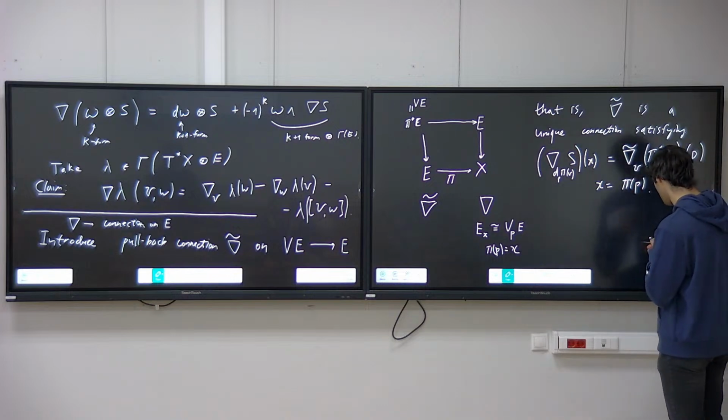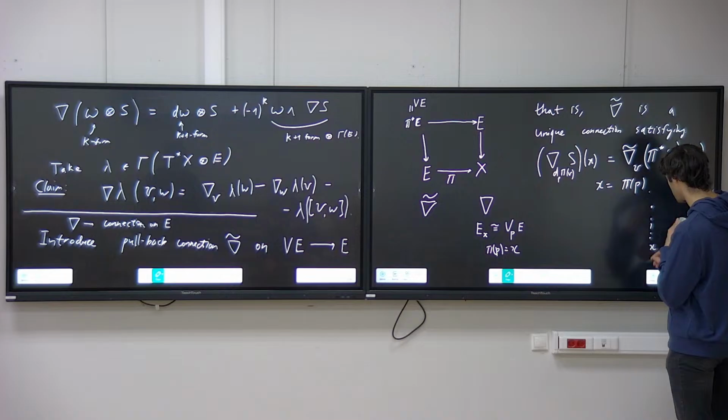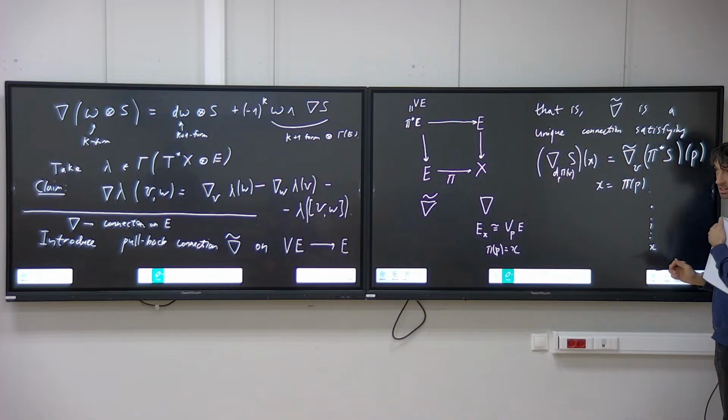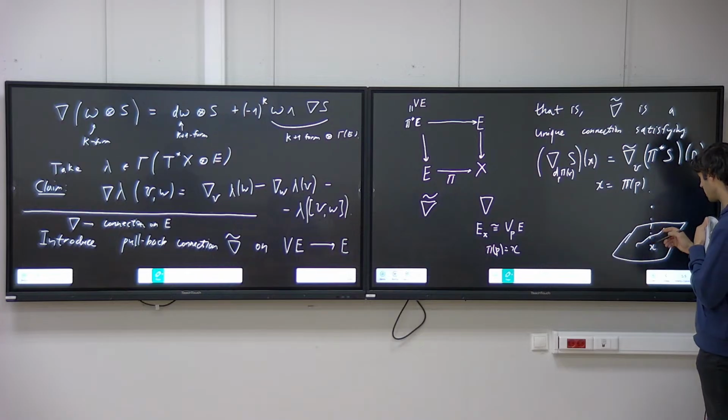You take a point X, take a point P which is at the top of X, and then consider all the curves through X in the base, and then you lift them.